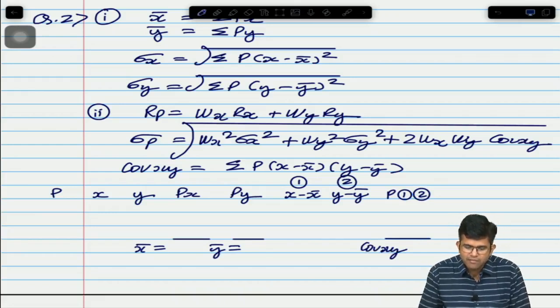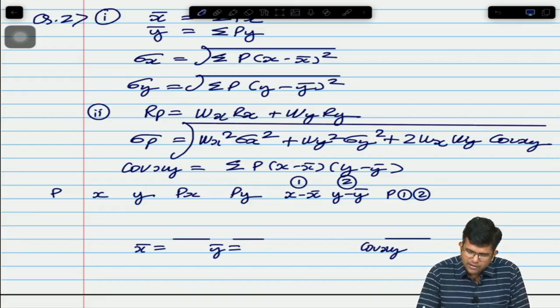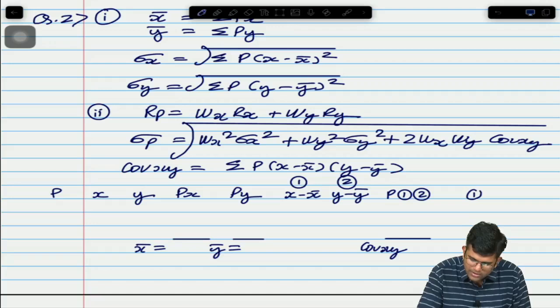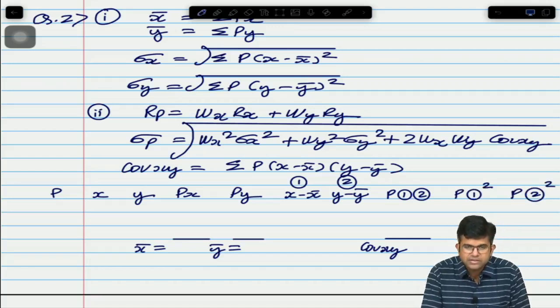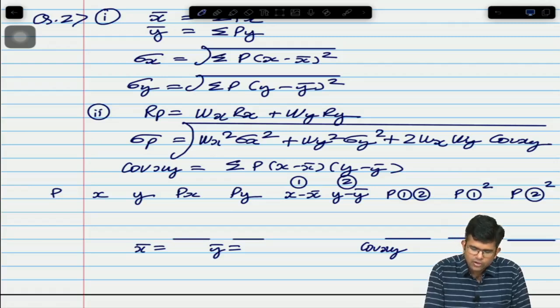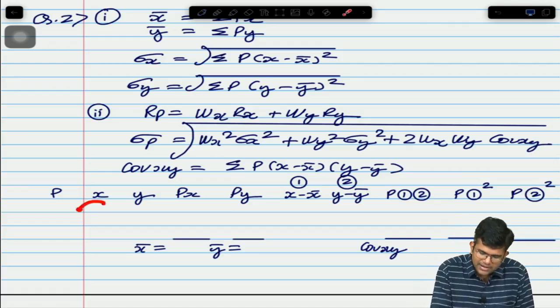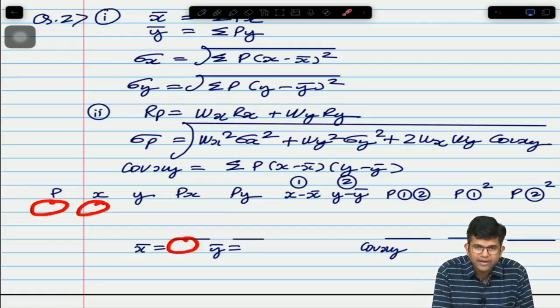And for sigma x and sigma y, you will require 1 square into p and 2 square into p. You have done this in the past. P into 1 square means x minus x bar squared into the probability, like 0.2. Everyone remembers this?